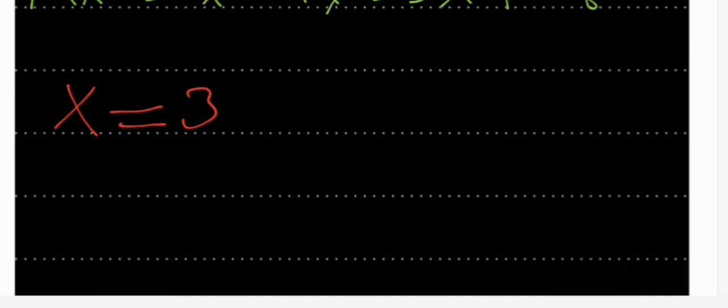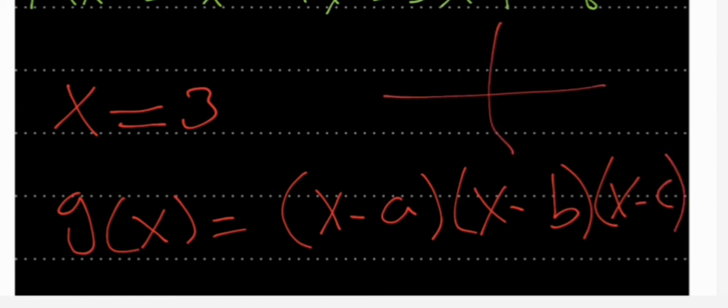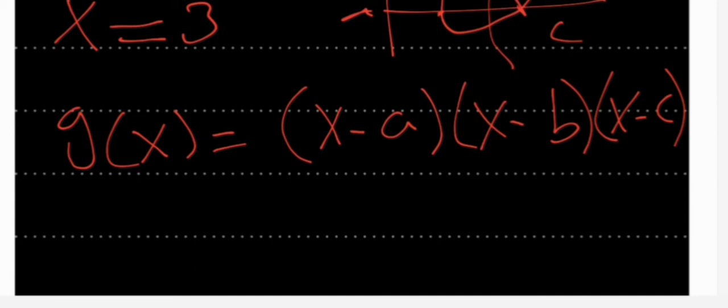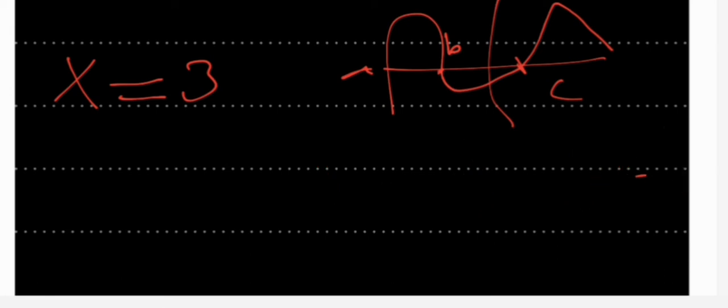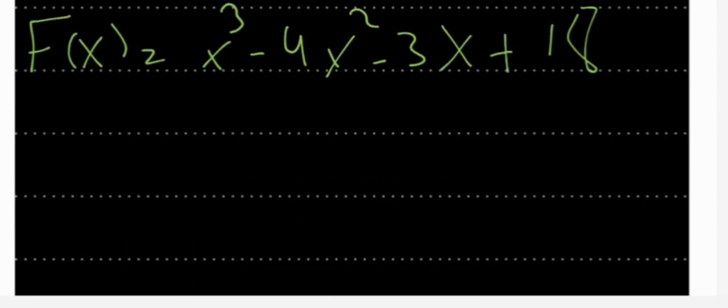Now, notice that we can write any polynomial, let's say g of x, as x minus the first root multiplied by x minus the second root multiplied by x minus the third root. Why? Because these are the values that zero this function, but no problem if you don't know this. Do you know the way to find the roots of a cubic function?